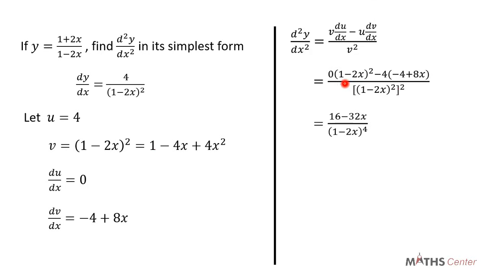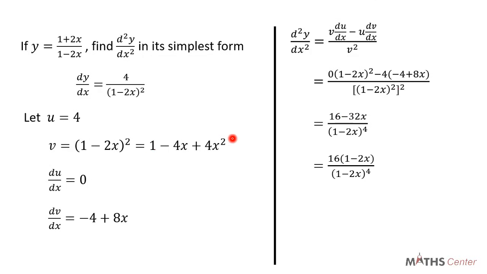When you simplify what you have on the numerator, 0 times this will give you 0. Negative 4 times negative 4 gives 16. Negative 4 times 8x gives negative 32x. Divide this by 1 minus 2x exponent 4. We can factorize what you have on the numerator.